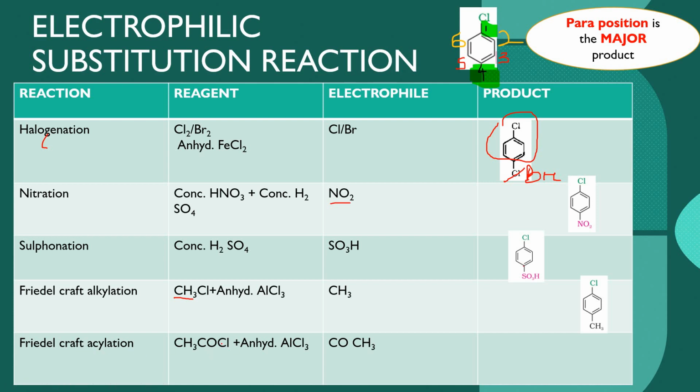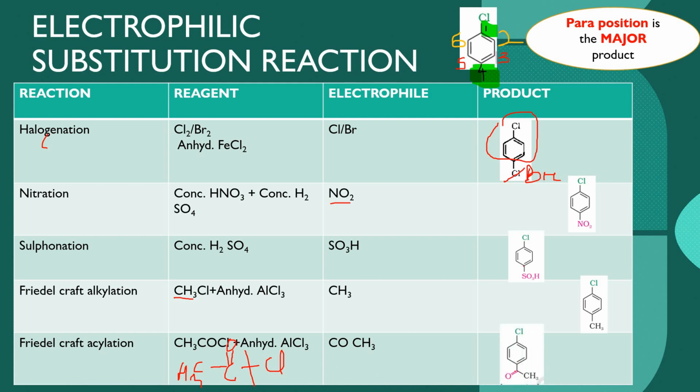Friedel-Crafts acylation. Here the acyl halide is used, so you have to be very careful. The group acting as the electrophile that you're using is COCH3. That means the bond between the C double bond O and Cl breaks, and this carbonyl group's carbon is going to attack at the para position or the ortho position.